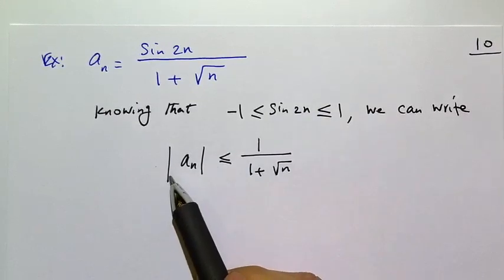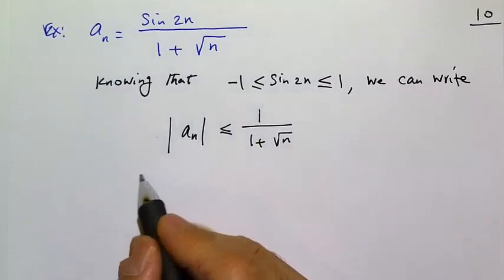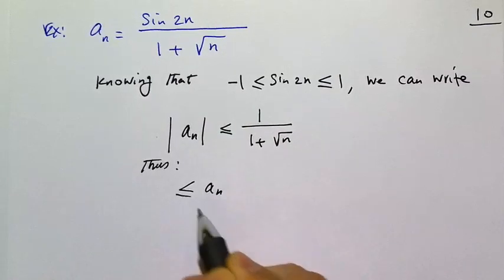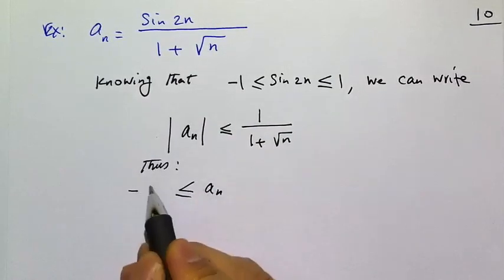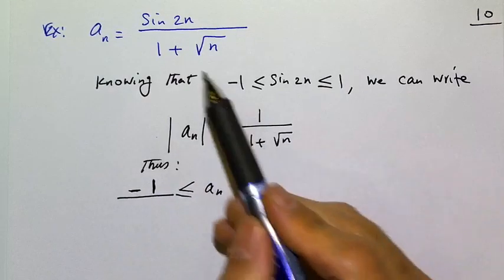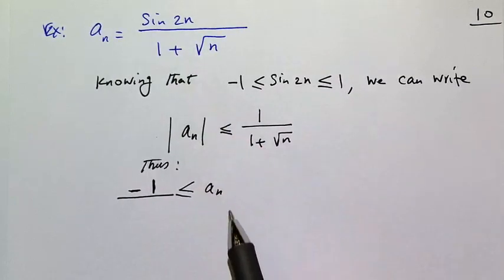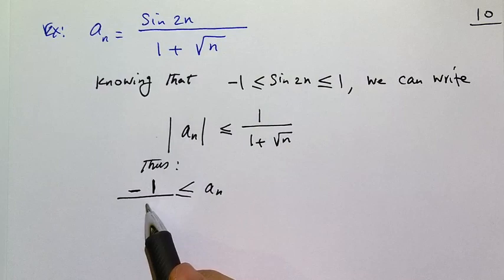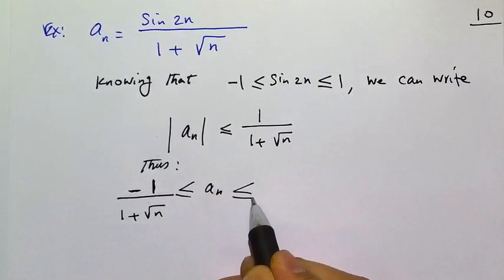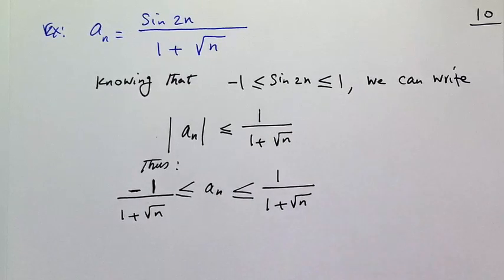And of course, if you remove the absolute value, the sequence without the absolute value would be greater than -1 over that. Knowing that the numerator varies between -1 and 1, we can write the same result as the sequence being between -1 over 1 plus square root of n and +1 over 1 plus square root of n.